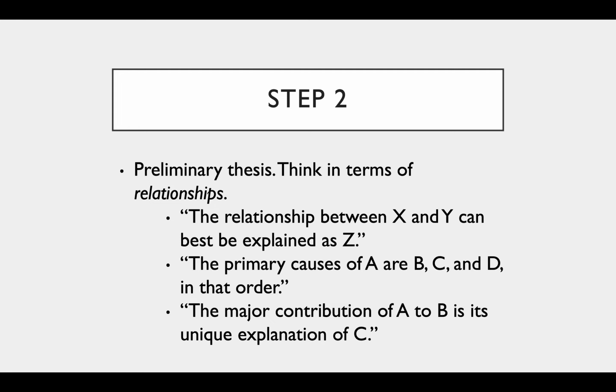For example, the argument that you can make is the relationship between X and Y, or say Barth or Pannenberg, can best be explained as Z, or the primary causes of A are B, C, and D in that order. The major contribution of A to B is its unique explanation of C.